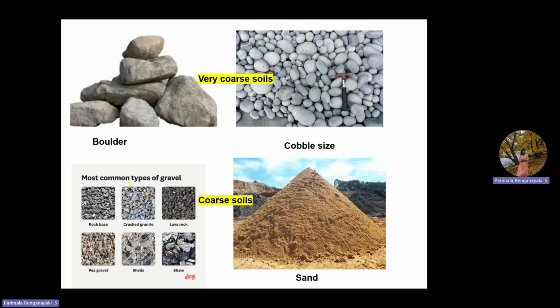You can see boulders, big boulders, and then cobble size means this one, very coarse soil. These are due to mechanical weathering.